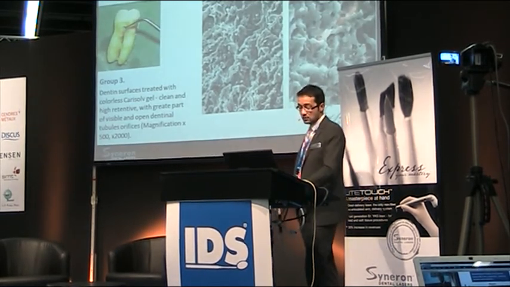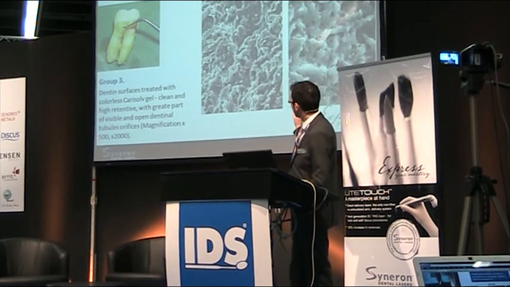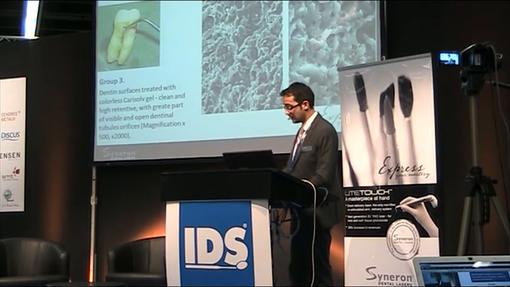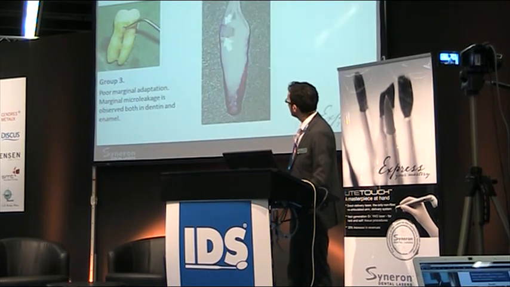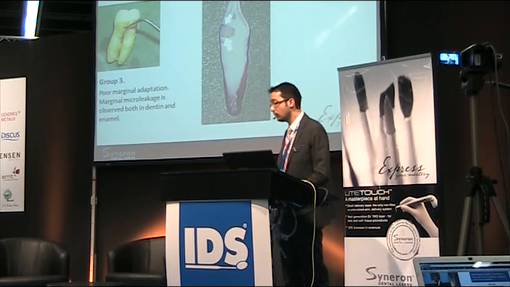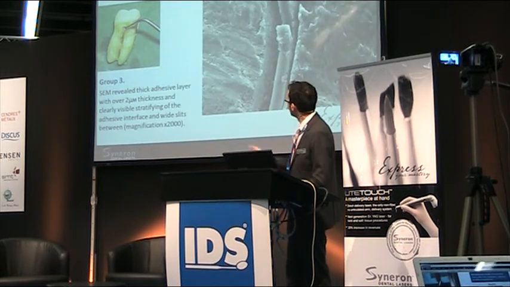In this group, this was very interesting. The surface was very retentive and very clear, but when we evaluated the marginal adaptation, it was the poorest marginal adaptation in all evaluated groups. Why?